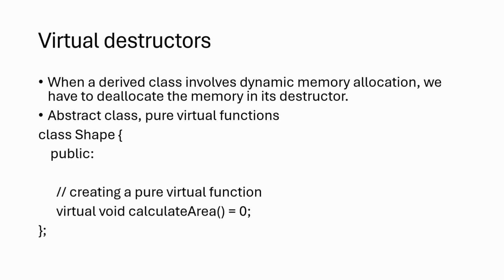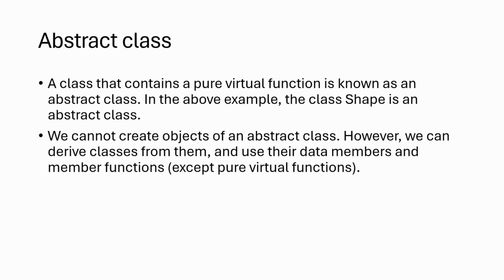And furthermore, what the abstract class does, specifically for its pure virtual functions, is enforce that any class derived from it should and ought to have this calculate area implemented. And a class that contains a pure virtual function is an abstract class. I mentioned this, and I said we also cannot create objects of an abstract class.